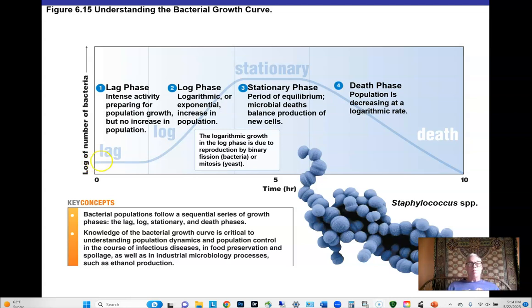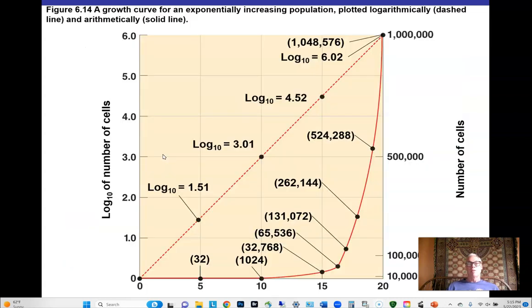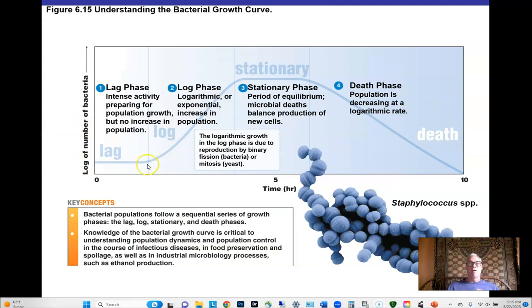At first, they're just doubling. We have 2, then 4, then 8, then 16. So few bacteria, we can't even see them on our y-axis yet. And at some point, things really begin to take off. We get into what's called logarithmic growth, that really fast growth in which our log growth forms a straight line on a log scale.